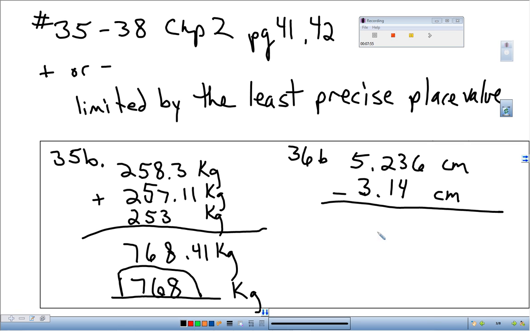If ever I give you a number and I say this is an accepted, known constant of the universe, it's infinite sig figs. I will, in Chapter 5, give you some numbers like that, but you won't have to worry about Chapter 5 in Intro to Chem. That's Chem A. 5.236 minus 3.14, I need to subtract, so I get 2.096. Is that right? Olivia?